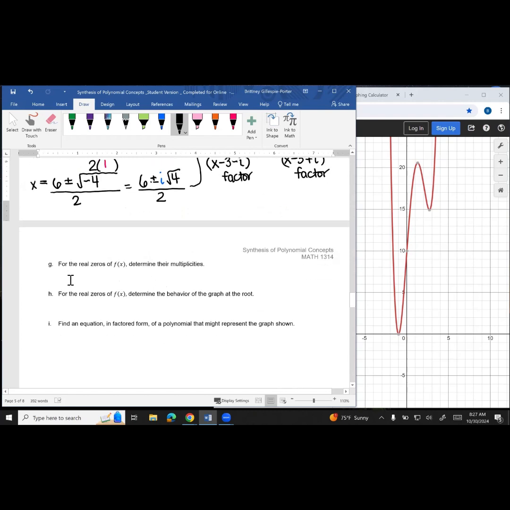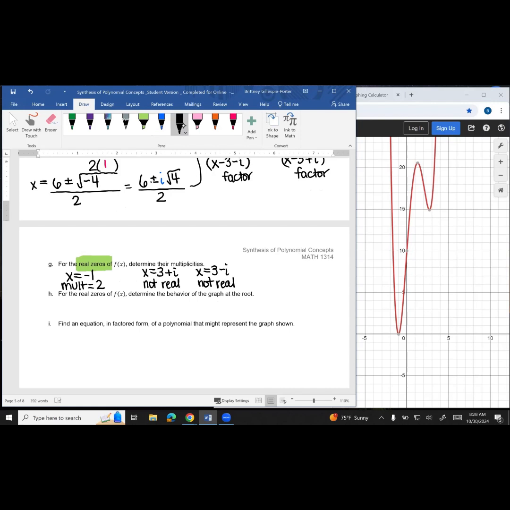We're asked for the real zeros, determine their multiplicities. With x equal to -1, we found it twice, which means its multiplicity is 2, which makes sense because it was touching and turning on the graph. For x equal to 3 plus i and x equal to 3 minus i, these are not real, so we don't need to worry about their multiplicities because they're not touching the x-axis.